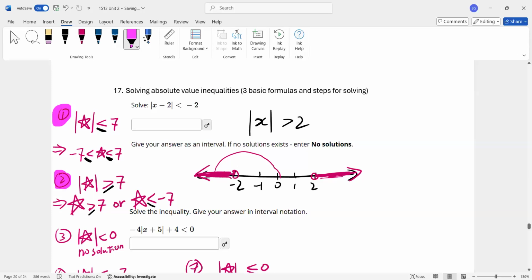For example, actually we do have number 17. Do you see number 17 here? Absolute value of x minus 2 is less than -2. What's the solution? Okay, I can write it down.